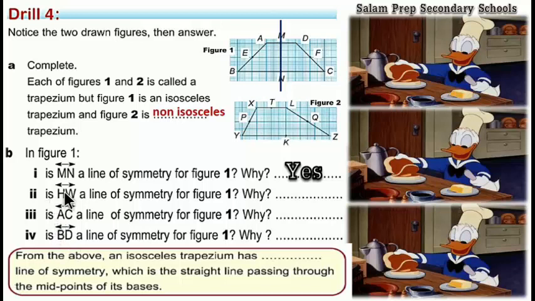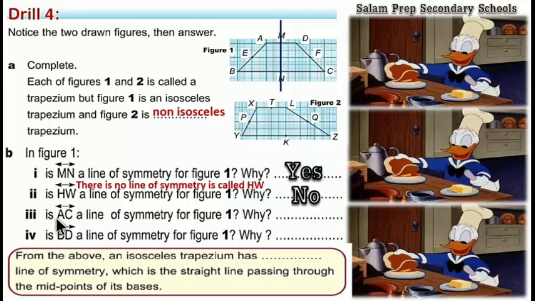Is straight line HW a line of symmetry for figure 1? Why? No, because there is no line of symmetry called HW. In figure 1, there are no letters H and W. Okay?